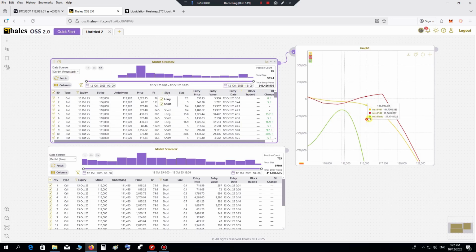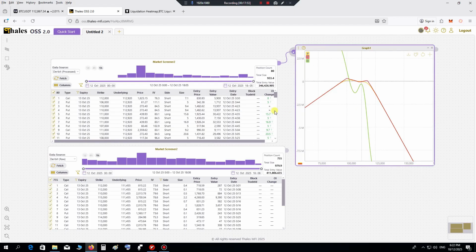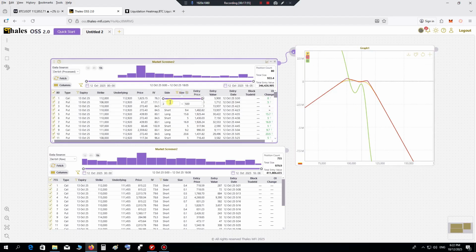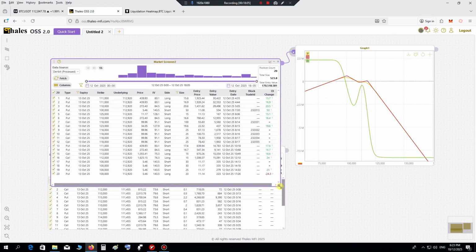All right. Size. 10 Bitcoin and above, 28 trades. 15 Bitcoin and above, 20 trades. We can look at these to see what's going on. The curve doesn't really change much.